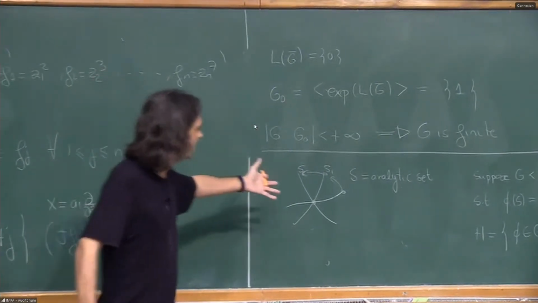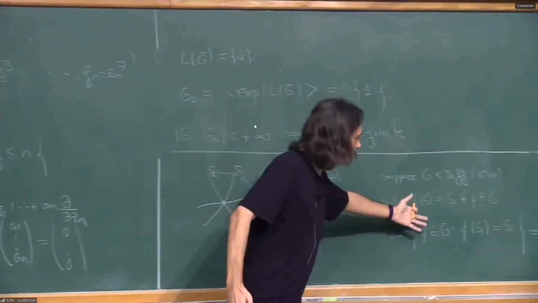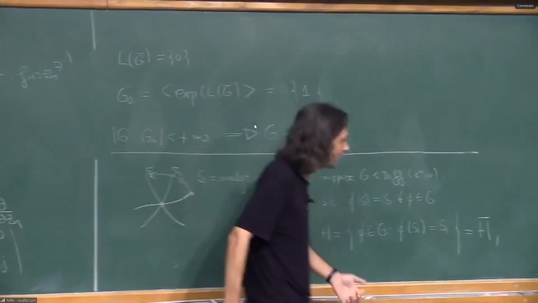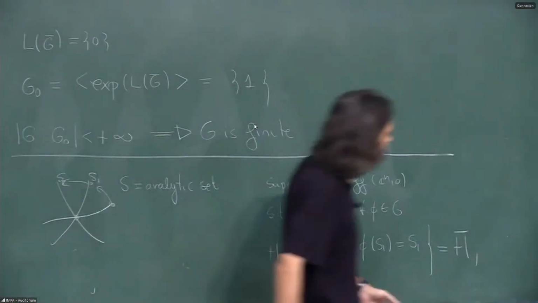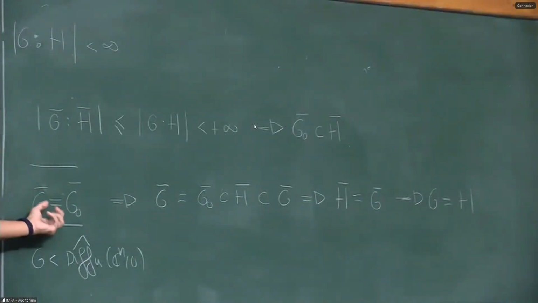It doesn't depend very much on the phenomenon we are studying. It depends on the fact that these two groups are the same, and that the action that you have in this set is indeed a quotient of these two ones. When they are the same, this quotient is trivial. If the quotient is small, you're going to get that the action is going to be simple, but not necessarily trivial.